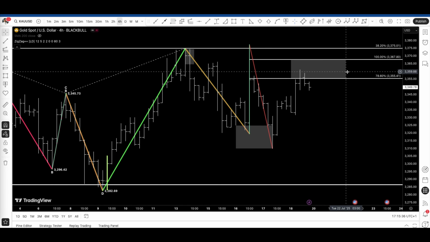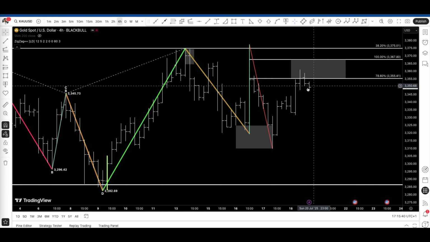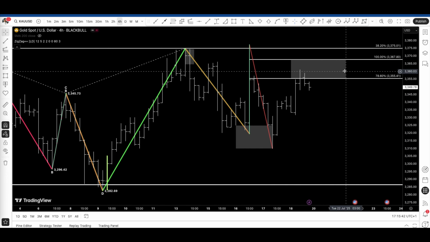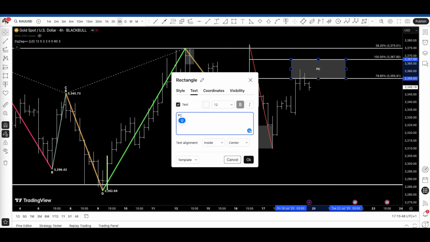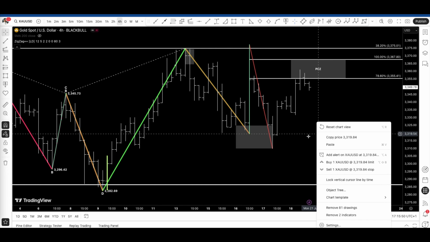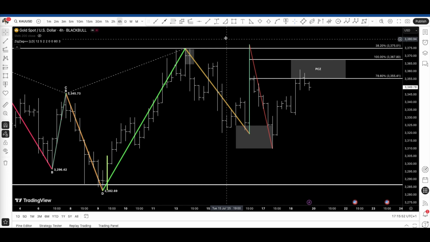So we have buyers above, especially the 38%. So we'll see if the price is going to trade above the price completion zone. That will be a resistance, but like this resistance, they're meant to be broken as well.